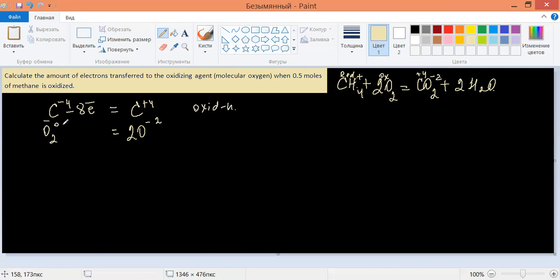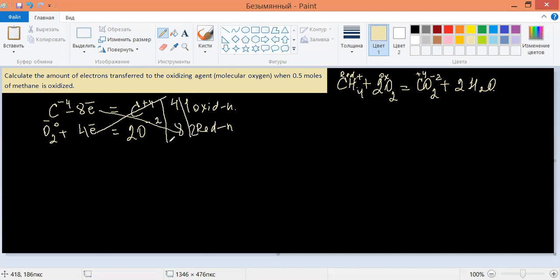And we understand that when it was neutral and became negative, it means that it accepted some electrons. The question is how many electrons it accepted. We understand perfectly well it is 4 electrons, 4 electrons per each molecule. And this process is what we know as reduction. Okay. So we use this cross rule for 8 and 4, or totally 1 and 2.